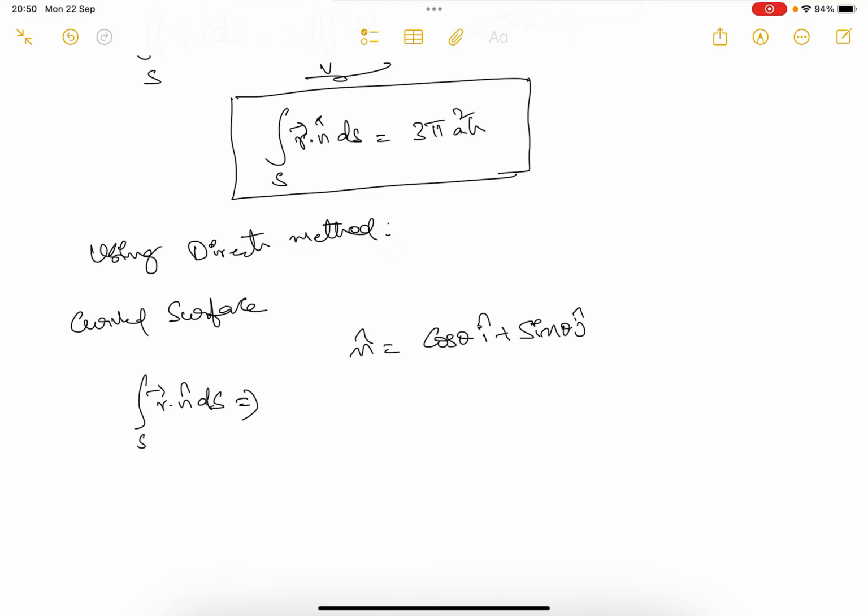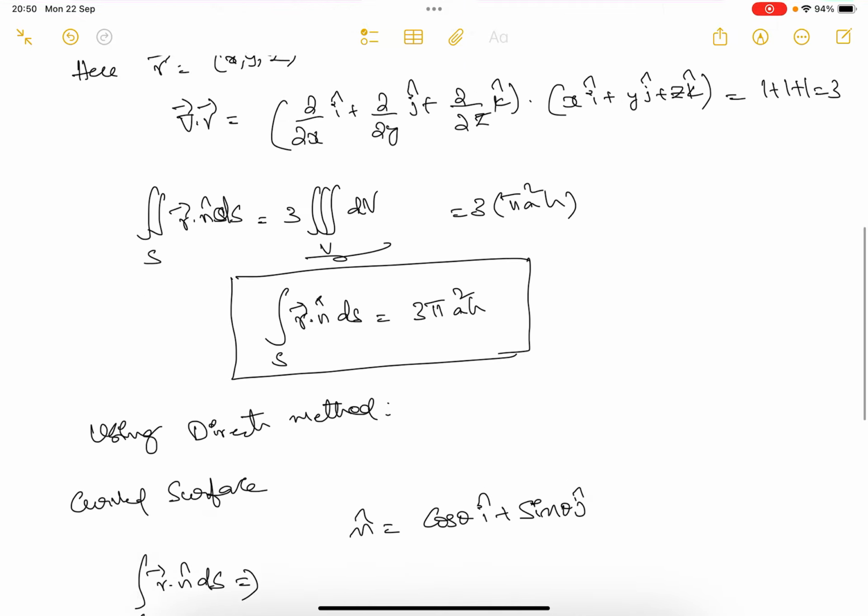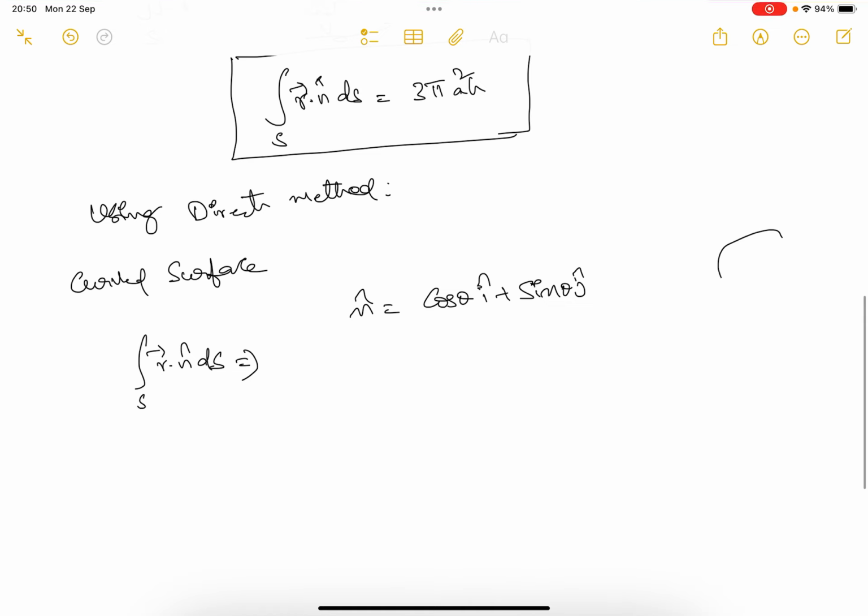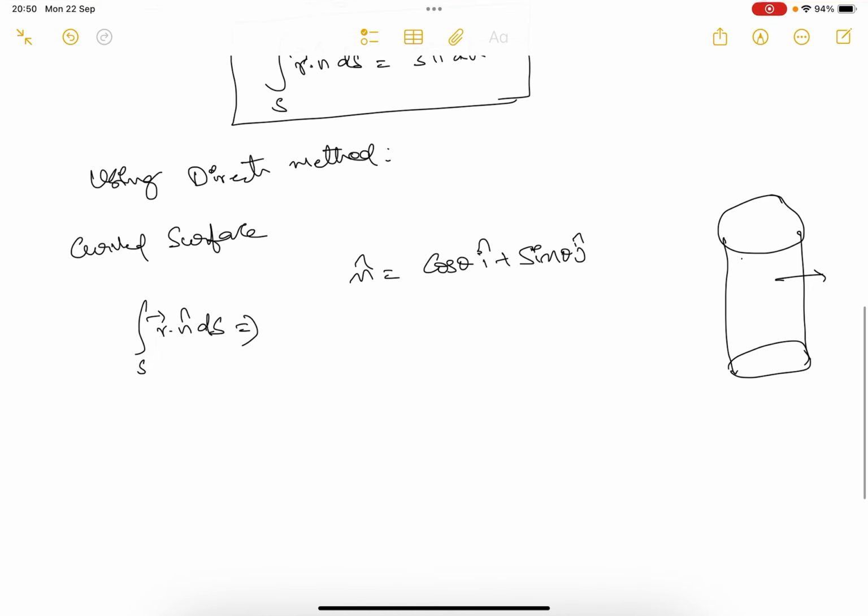There will be no k component, because if you add a k component, it will be along the z direction. As you can see, for this curved surface, the normal must be perpendicular to k cap. So n cap equals cos theta i cap plus sin theta j cap.